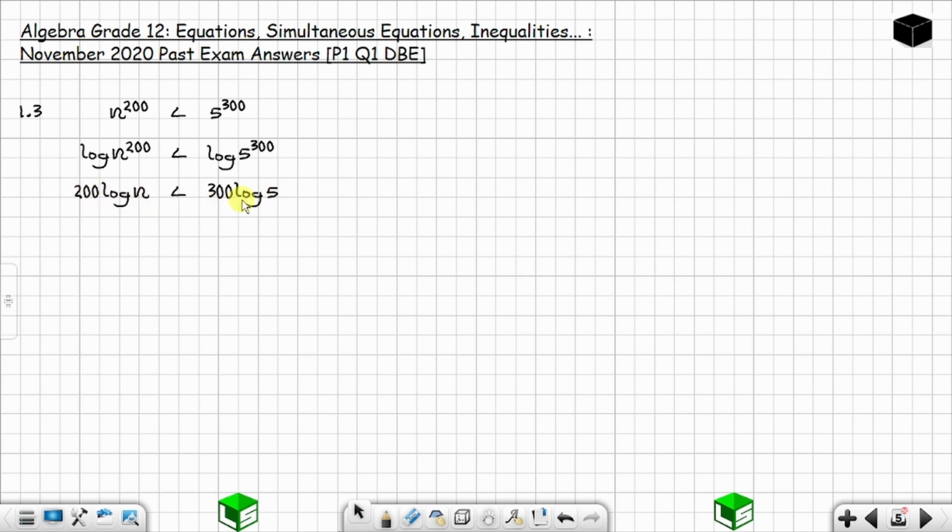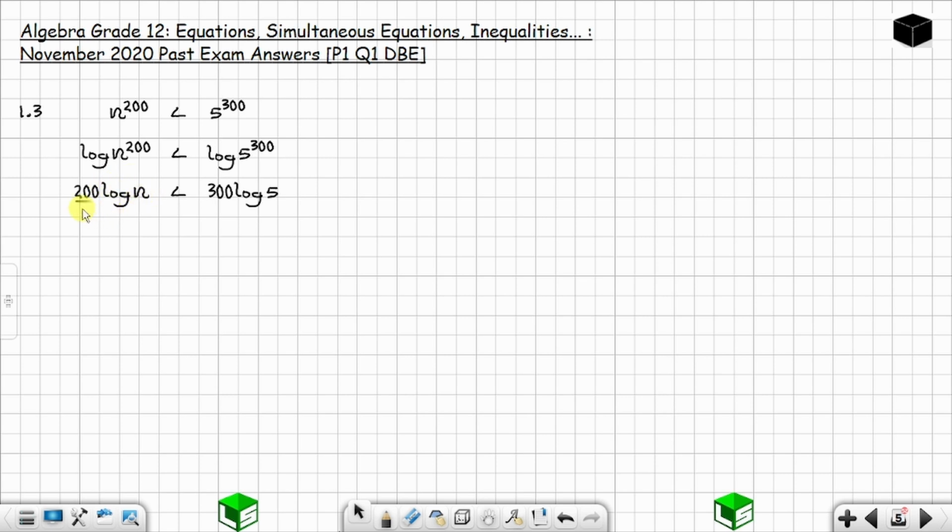Now what you want to do is get the value of n. First divide by 200 on both sides, because you want to remain with only log of n.